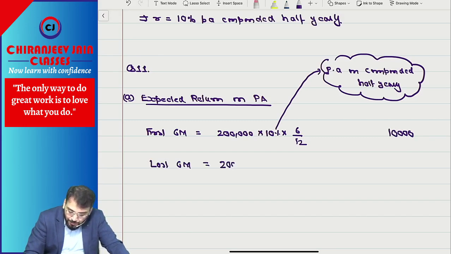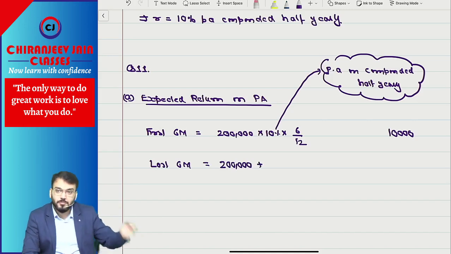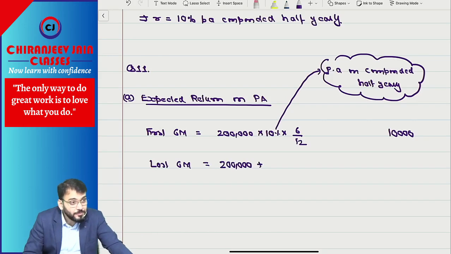it will be 2 lakh plus contribution how much? 55, benefit paid how much? Then plus what?